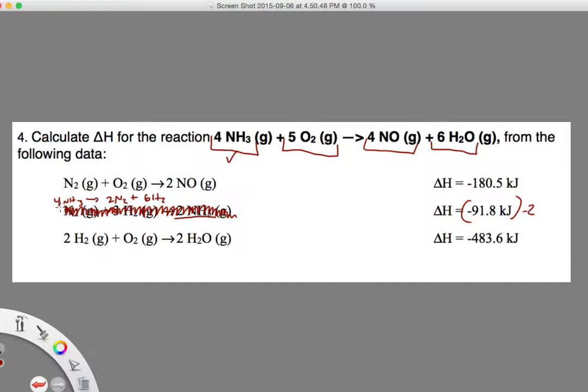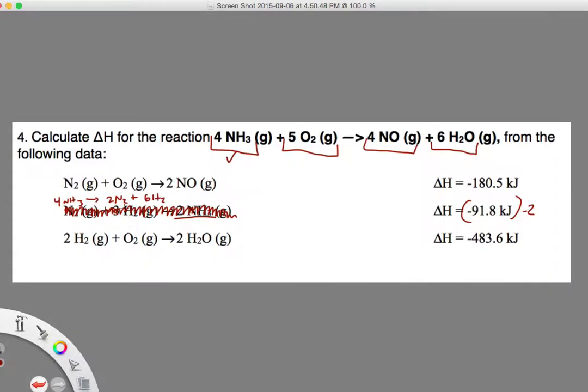That's going to be right there, and I don't want to change this at all right now. Now I see 5 O2, and I want to try to get enough O2 on this side of the equation. So far I've got 1 O2 and 2 O2, and it's not clear how I'm going to get there. So I'm going to leave that O2 just as it is right now.